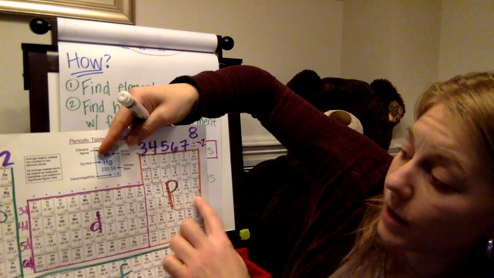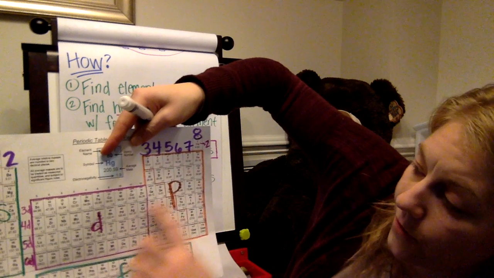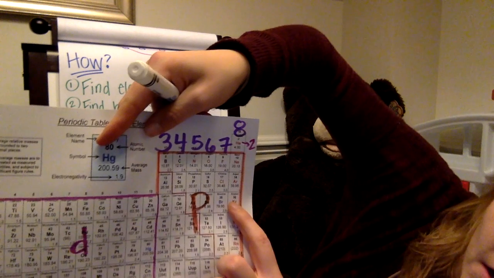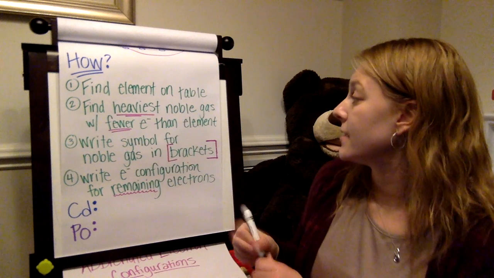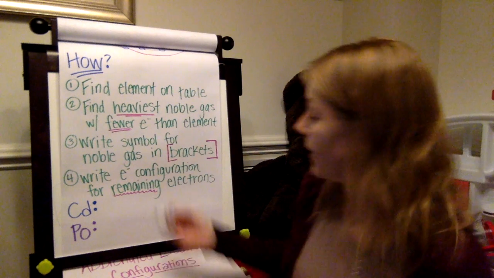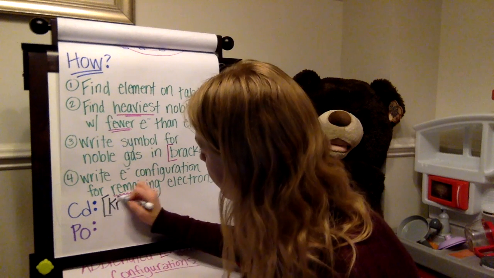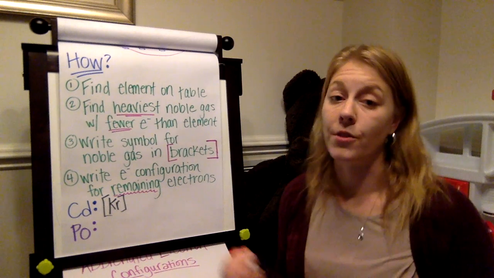That has more electrons than cadmium, so that's not going to work. So the heaviest noble gas with fewer electrons is going to be krypton. Krypton is right there. So I'm going to write that noble gas symbol in brackets: krypton, Kr. Then I need to write the electron configuration for the remaining electrons up to cadmium.